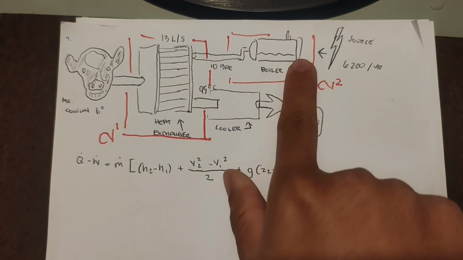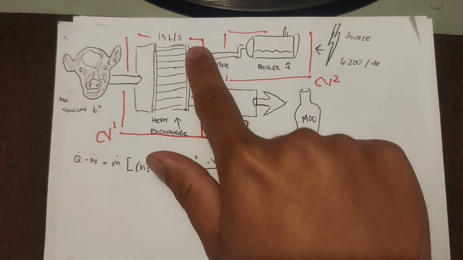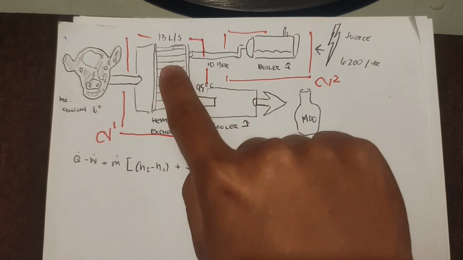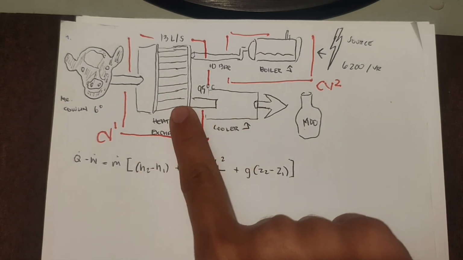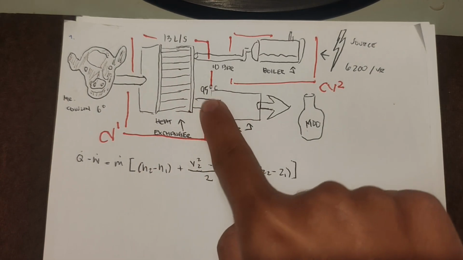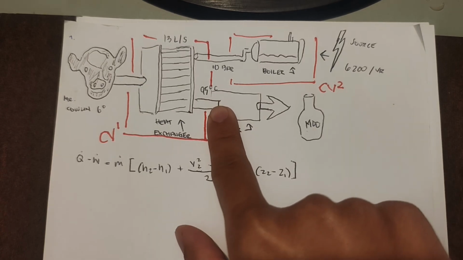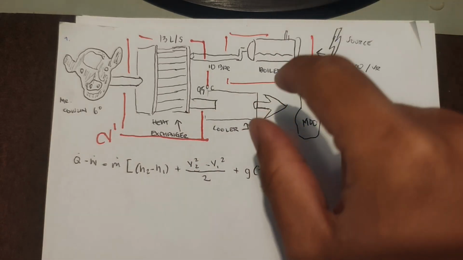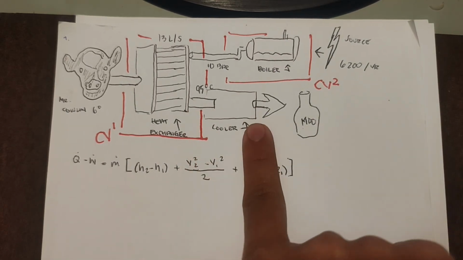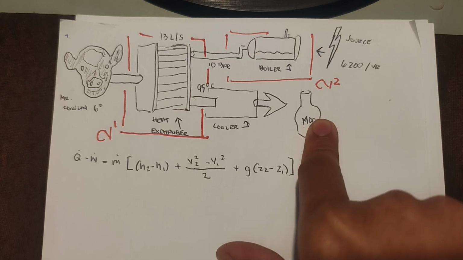This is our boiler powered by electricity, and it's gonna send our 10 bar steam into our heat exchanger to heat up the milk, and it's gonna come out of the heat exchanger at 95 degrees Celsius to kill whatever bacteria or microorganisms need to get pasteurized. It's gonna go to the cooler, and now we have our milk in here.